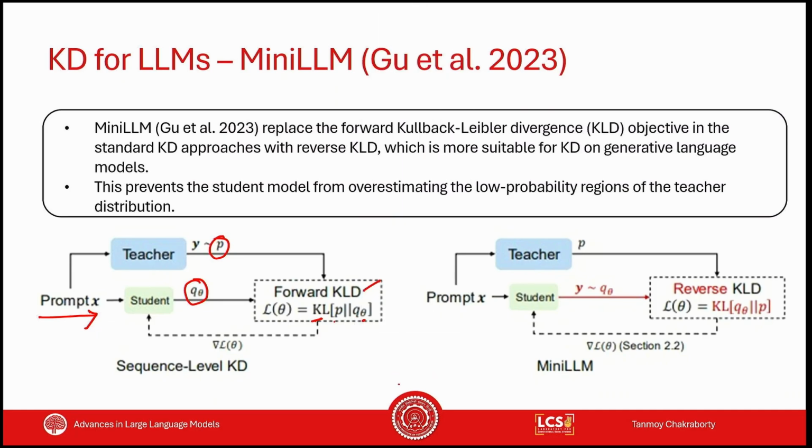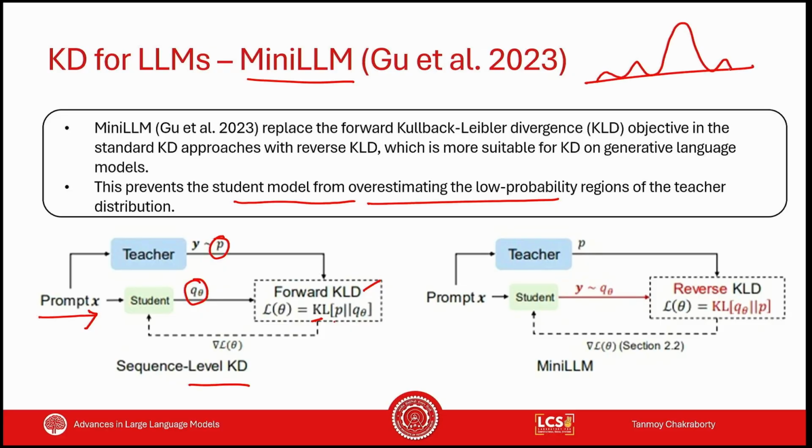So the problem, in the MiniLLM paper, what they showed is that if you use forward KL divergence, the student model starts overestimating the low probability region. What does it mean? Let's say your ground truth distribution looks like this.